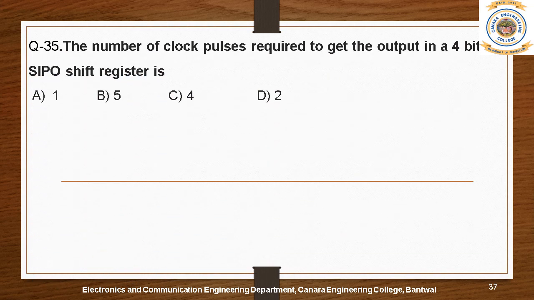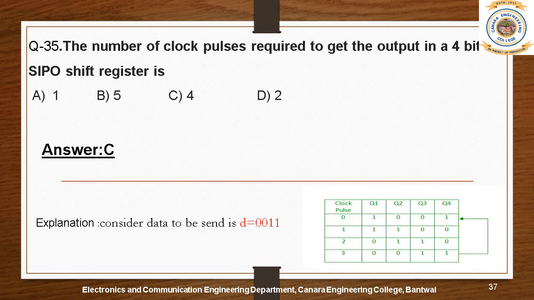The number of clock pulses required to get the output in a 4-bit SIPO shift register is 4. See, consider a data to be sent. D is equal to this. You can see it is 1 0 0 1.